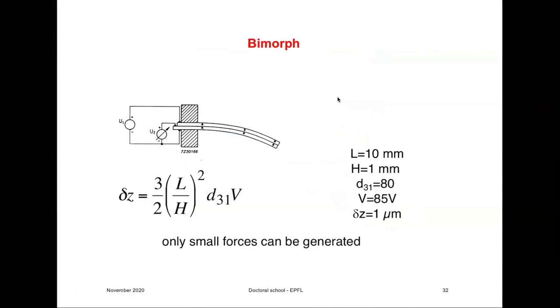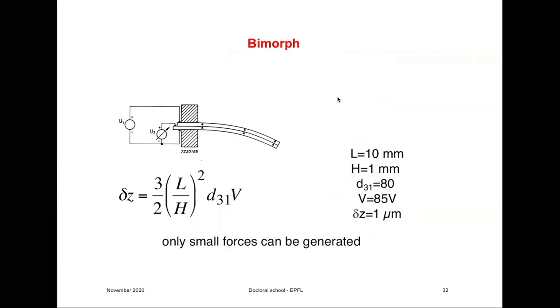One special type of actuator are bimorphs. So these are exactly the same constructions as what we were discussing with bimorphs used for the direct piezoelectric effect as sensors, except that here you apply voltage and you get bending.